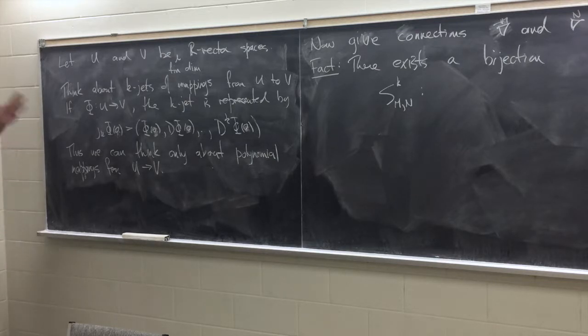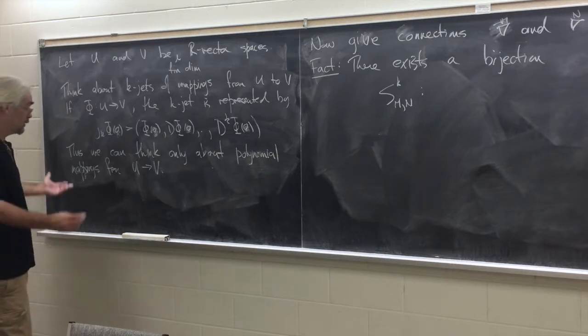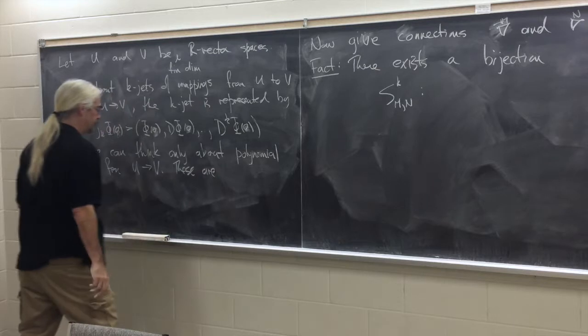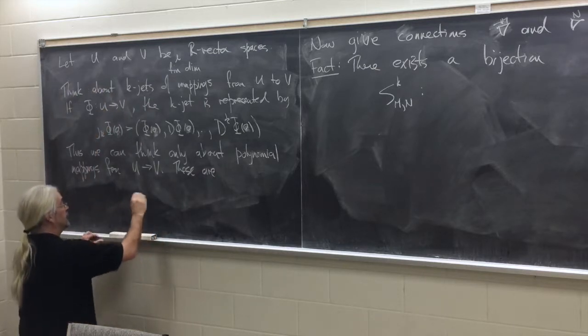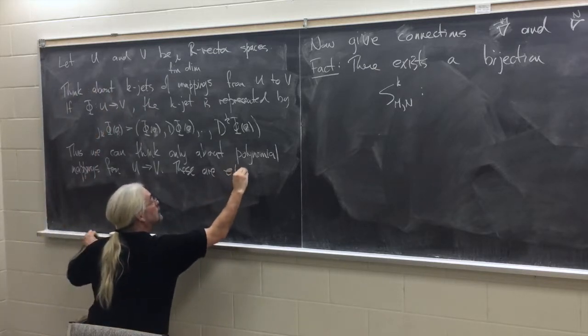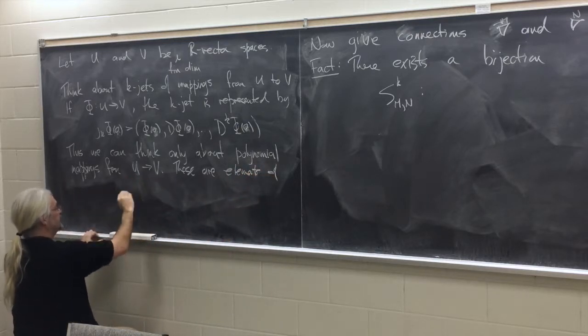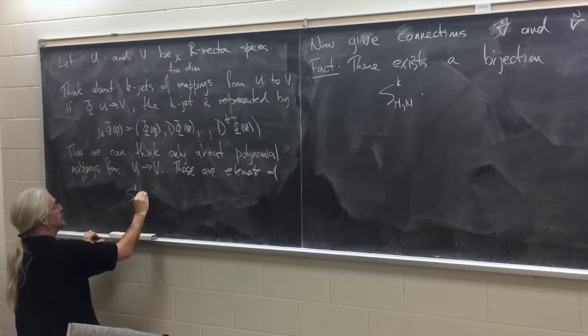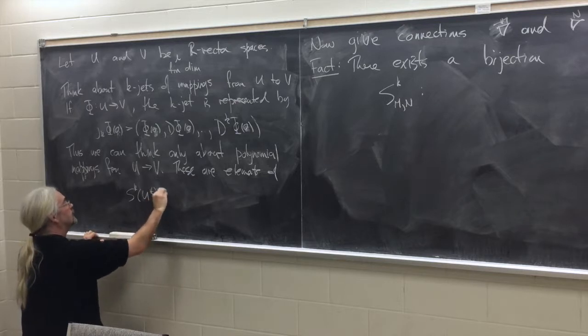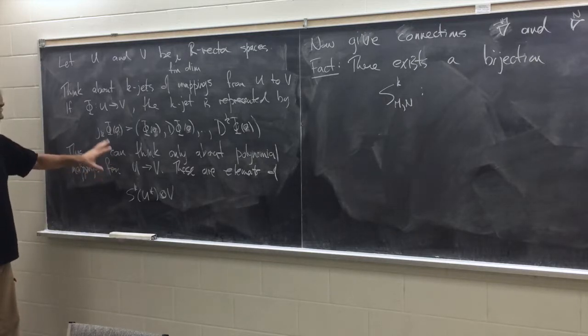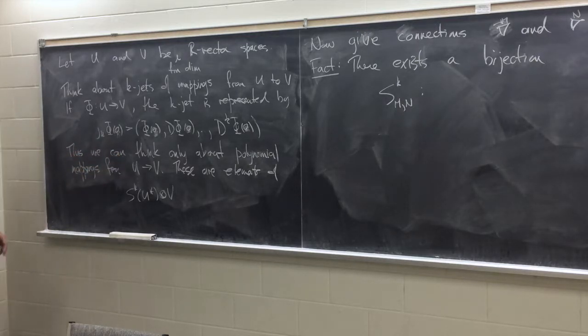It'll be a polynomial of degree k, right? So what's a polynomial function on U taking values in V? Well, it's simply S^k of U star tensor V. So for the purposes of taking jets, locally you can think about just polynomial functions.